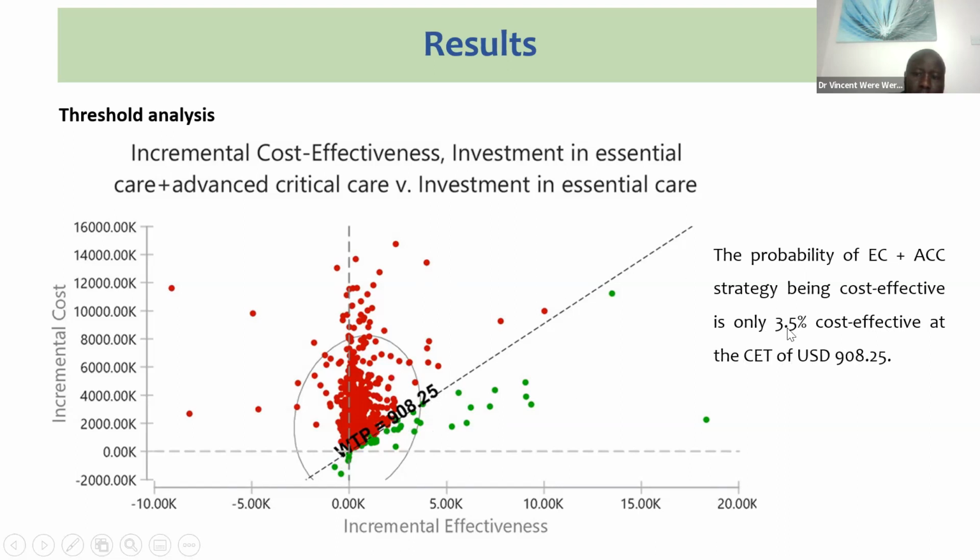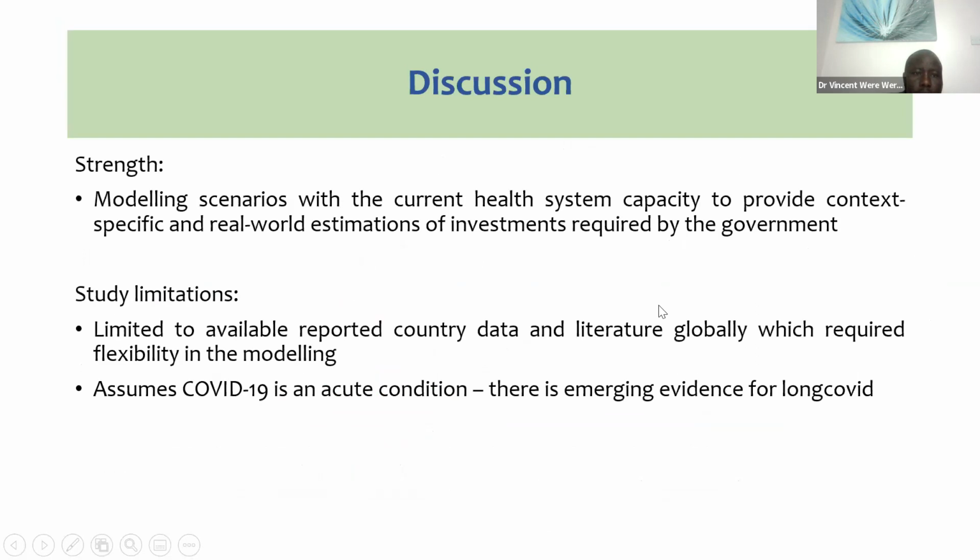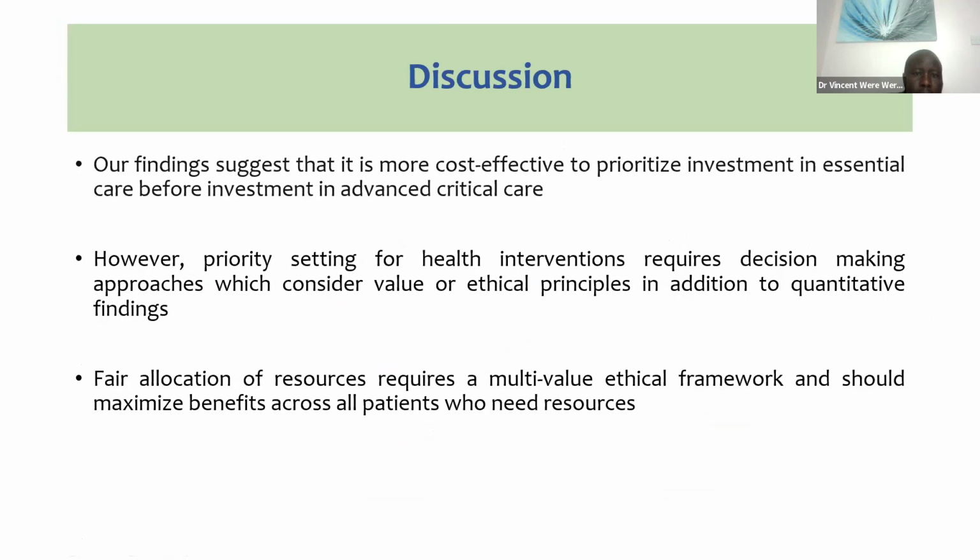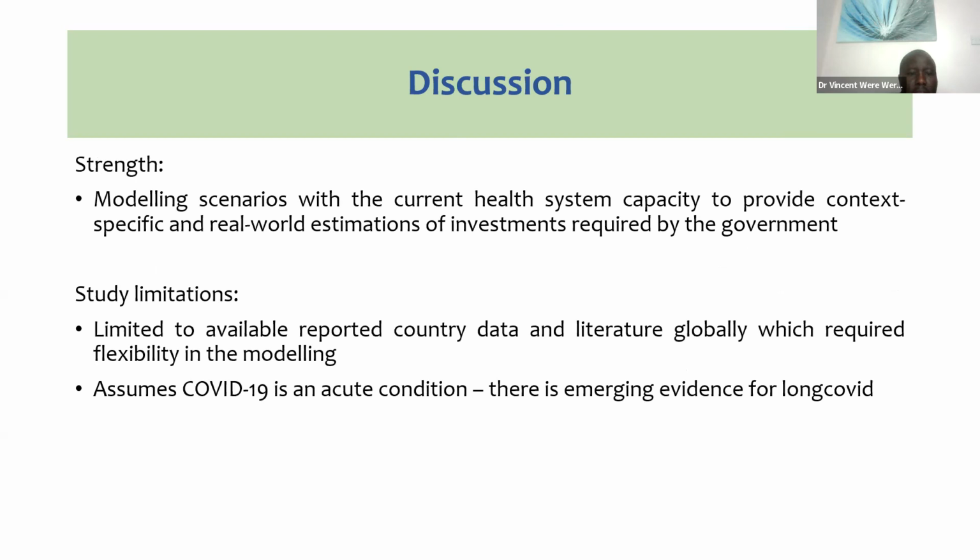But you can see the 3% is very low if they invest in ICU care. So you can therefore advise the government. This is a cost effectiveness analysis modeling, and it can be used to advise the government how best to allocate the resources that they have.